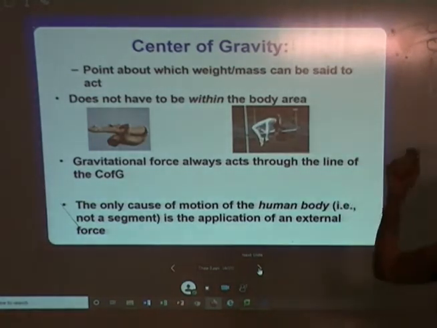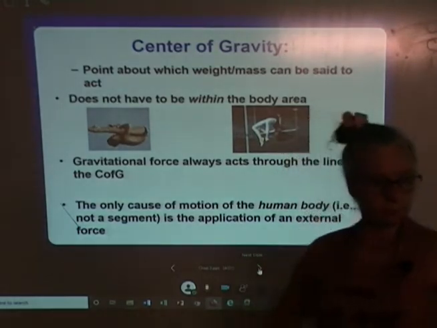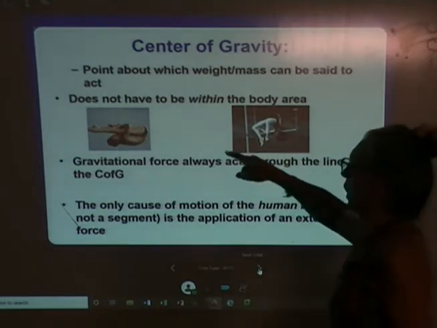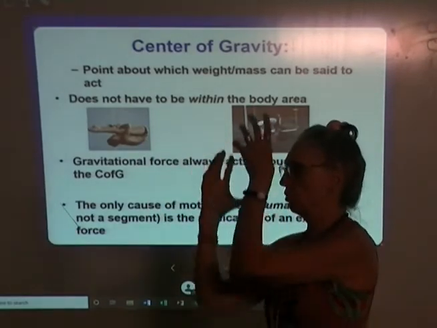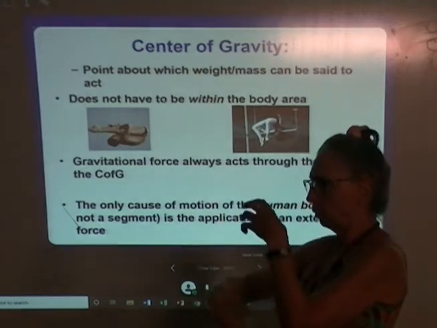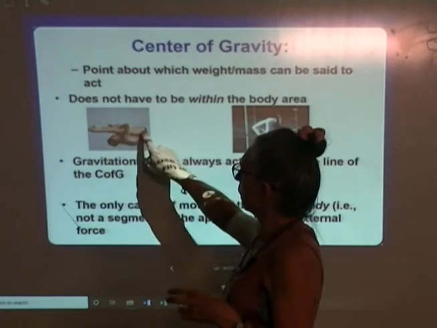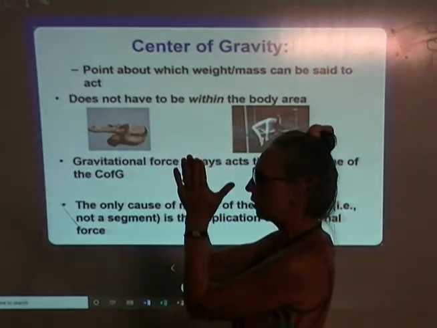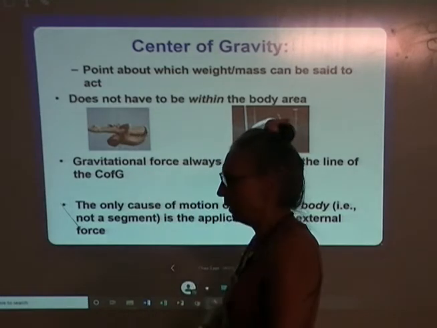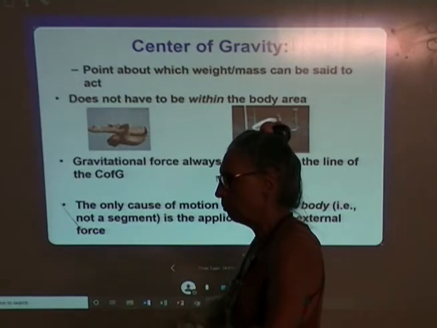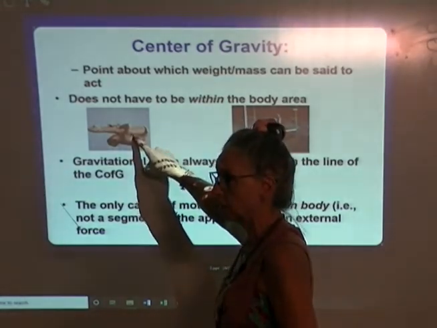The center of gravity doesn't have to be within the body. If I'm able to move my body into different shapes, it changes where the center of gravity is. So on this pike somersault dive, because the pike is so tight, his center of gravity has probably moved outside the body, in between the body and the legs, and come up a little bit closer towards his chest.